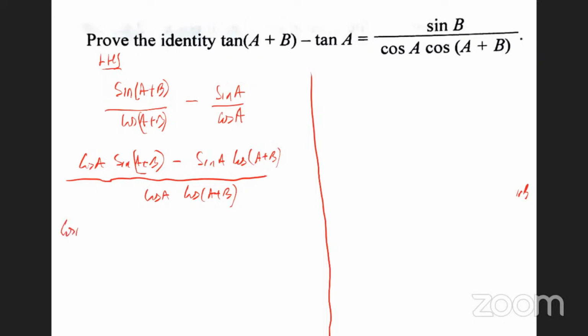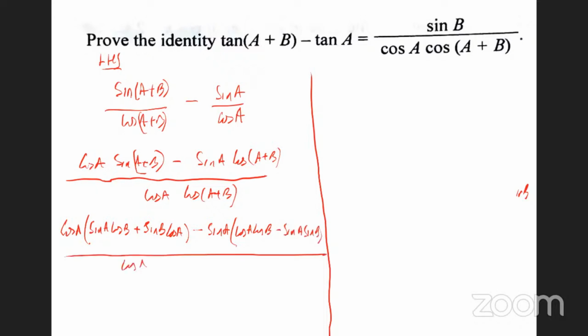So here is cos A by sine A cos B plus sine B cos A, minus sine A by cos A cos B minus sine A sine B, all over cos A plus B. Let's multiply out.